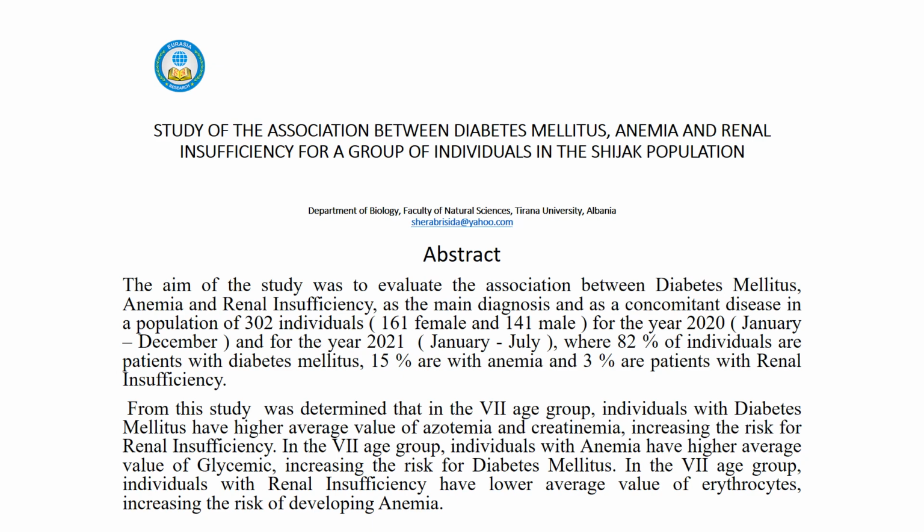Study of the association between diabetes mellitus, anemia, and renal insufficiency for a group of individuals in the Shijak population.